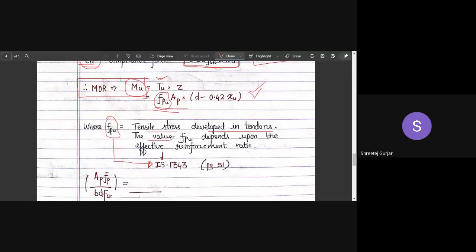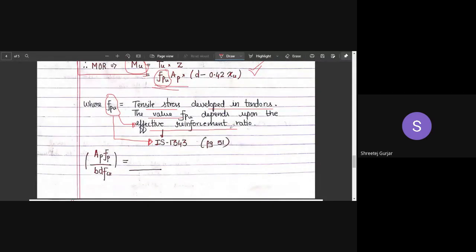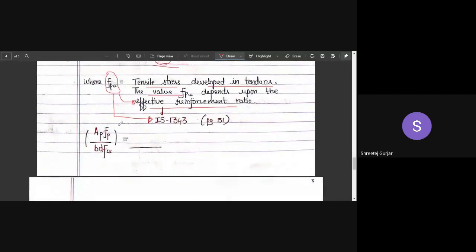The value of FPU depends upon the effective reinforcement ratio. So what is this effective reinforcement ratio? It is this ratio which I have written over here: AP into FP divided by BDFCK.